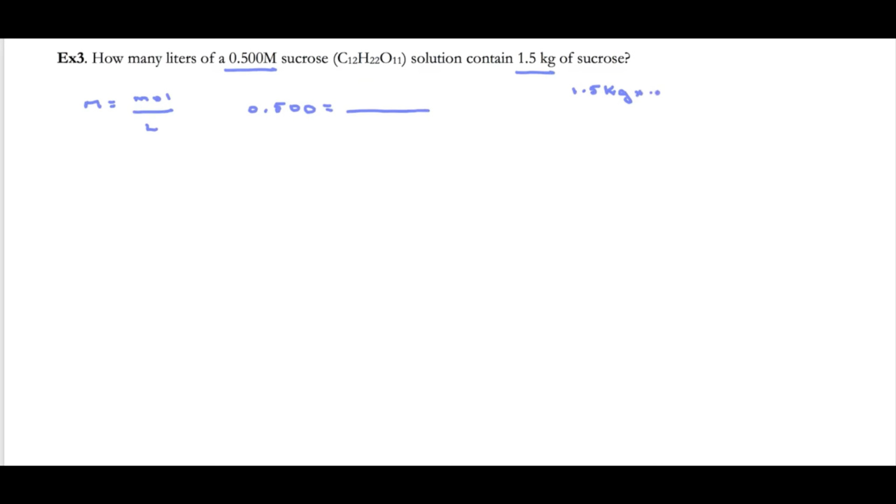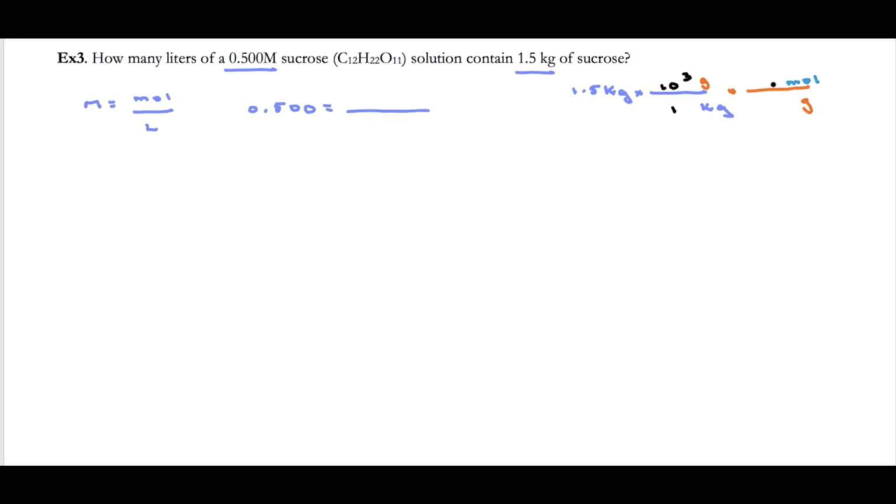So I'm going to first have to convert this into grams, because then from grams I can get into moles. So 1 kilogram is 10 to the 3rd grams. Grams to mole conversion, that is my molar mass. So I'm going to take the molar mass of carbon, 12.011, multiply by 12.